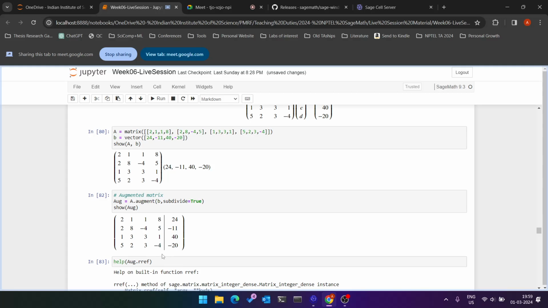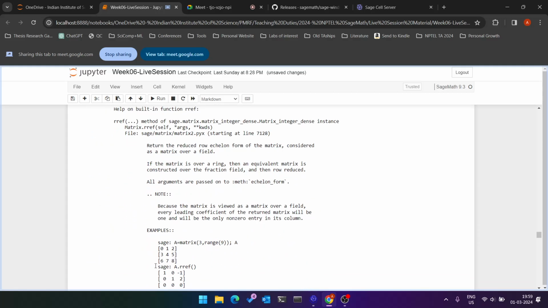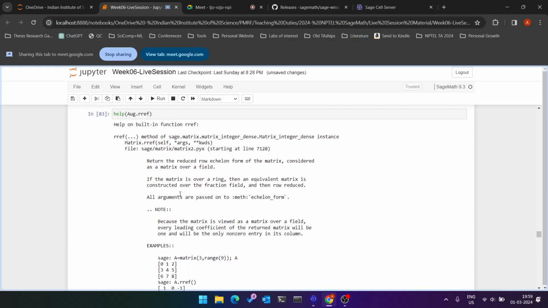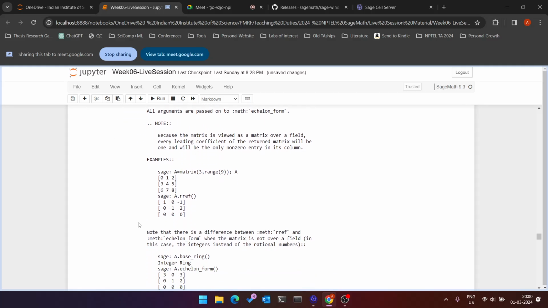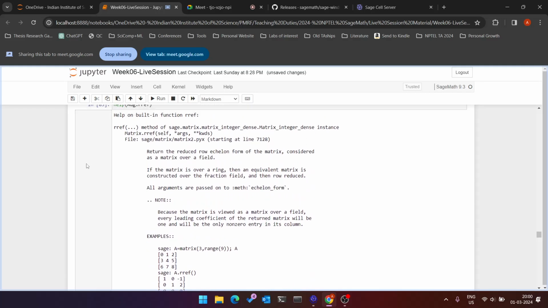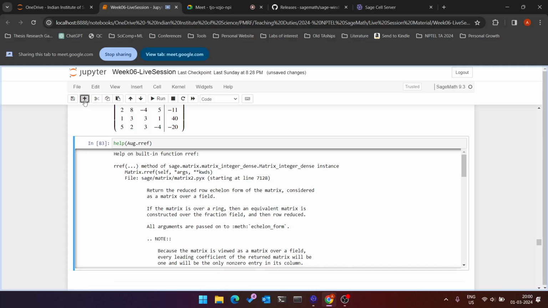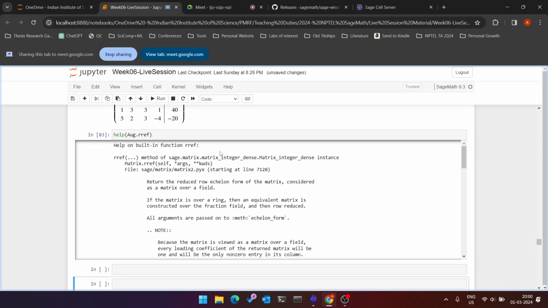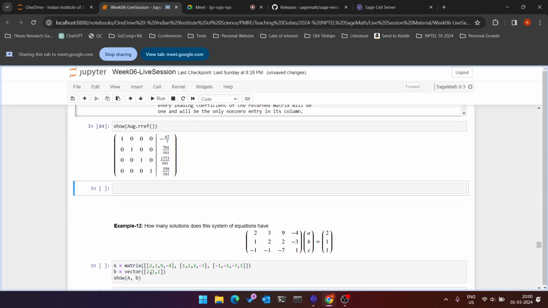Before that, we'll quickly look through the help. It will calculate the row reduced echelon form for whatever matrix we are feeding it. So, integer dense matrix. If I do augment dot row reduced echelon form, this is what I obtain.